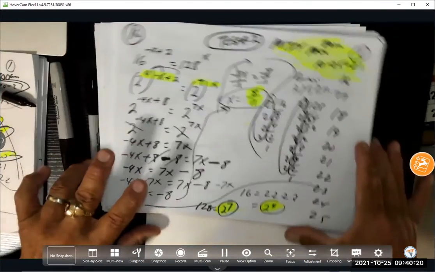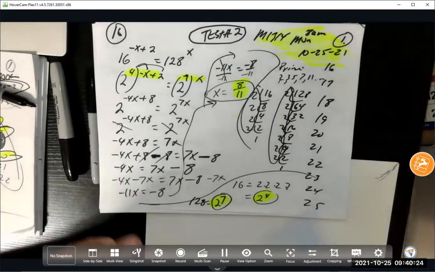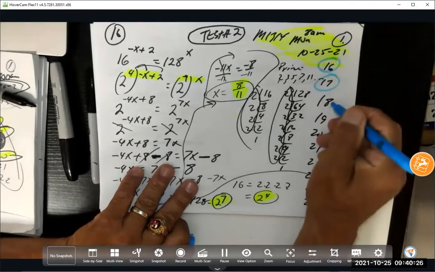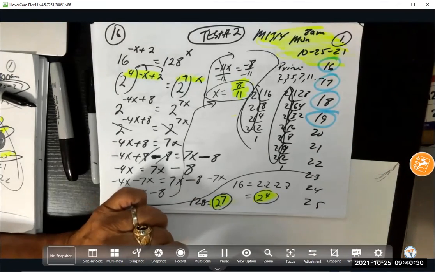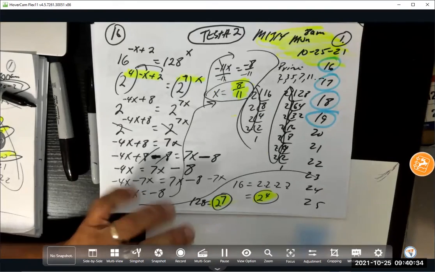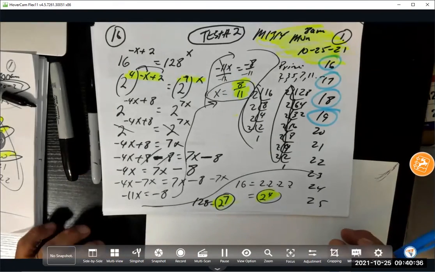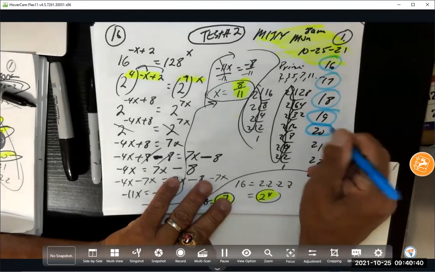Here we go. So you should be able to do, I say you can do number 16, 17, 18, and 19. What do you think? Is that possible? Yes. How about 20, did we number 20 also? Yes, we did. Okay, so you should be able to do that one.